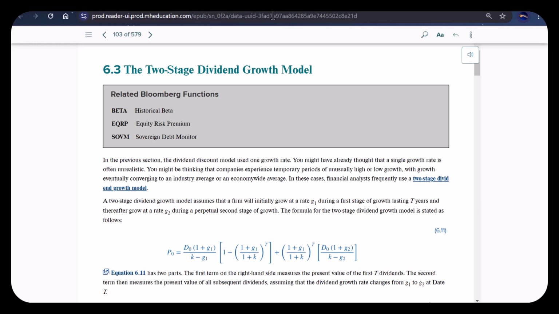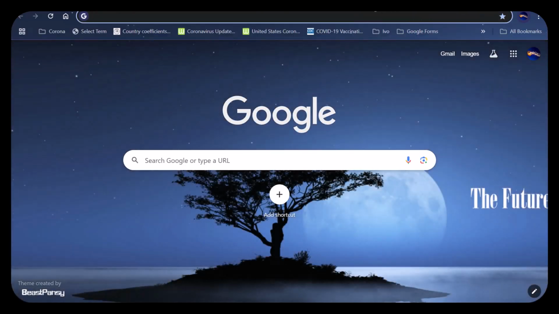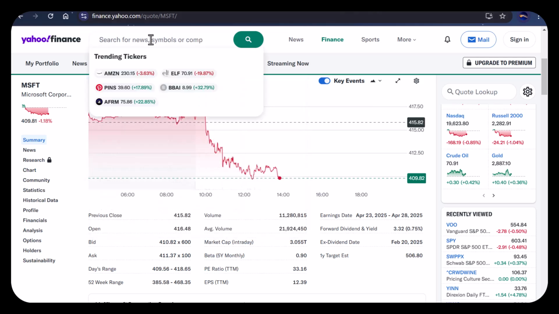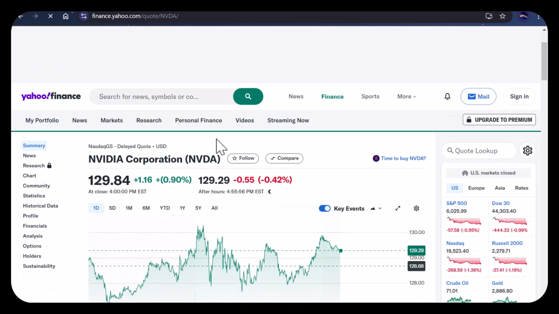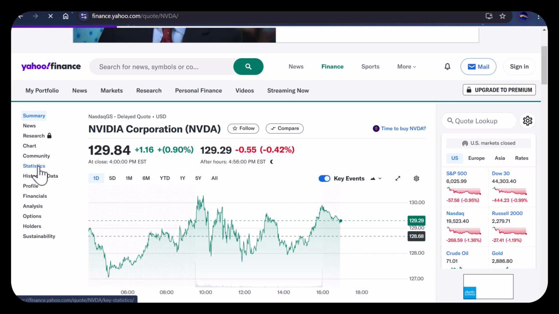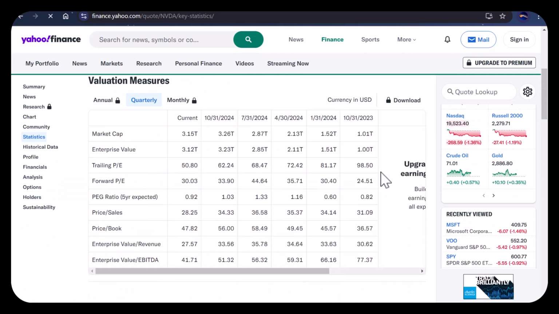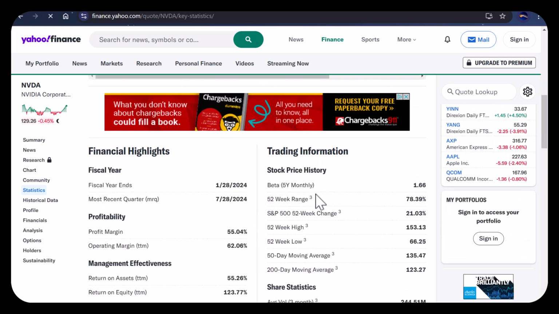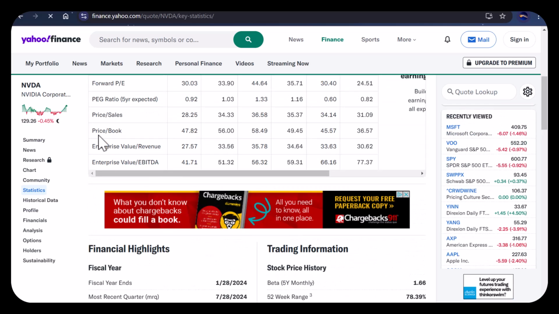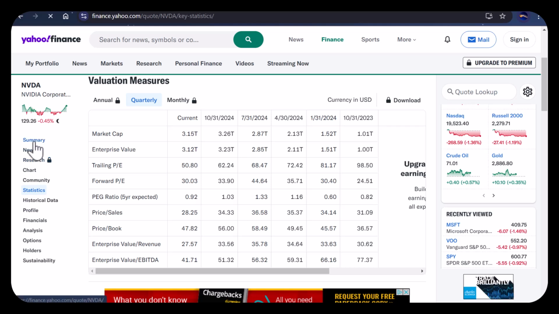For example, let's do something like that for NVIDIA. NVIDIA doesn't pay much in dividends. I'm going to go to finance.yahoo.com. Let's go to statistics. Let me see. Actually, let's go to summary first.